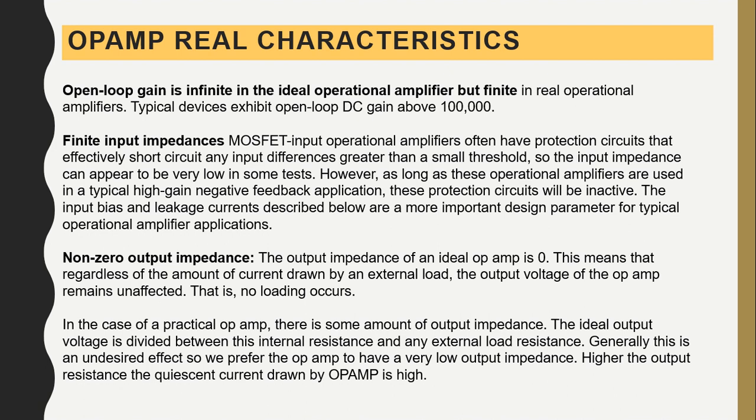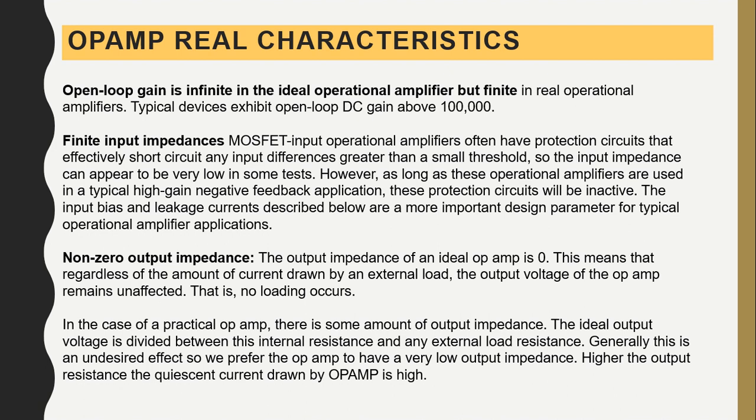MOSFET input op-amps often have a protection circuit that effectively short circuits any input differences greater than a small threshold, so the input impedance can appear to be very low in some tests. However, as long as these op-amps are used in a typical high gain negative feedback application, these protection circuits will be inactive.